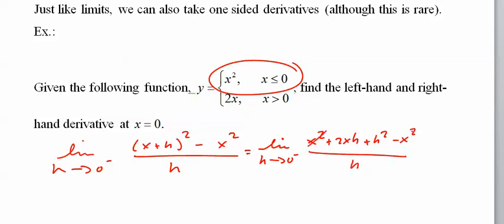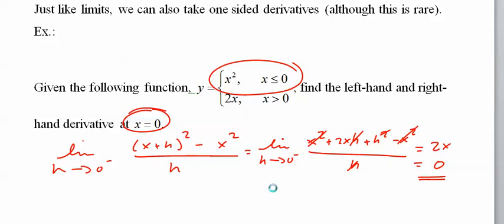Cancel, cancel, cancel, cancel, cancel. It is 2x, and at 0, it's 0. This is an example of me doing the function, then plugging in the value that they gave me later.